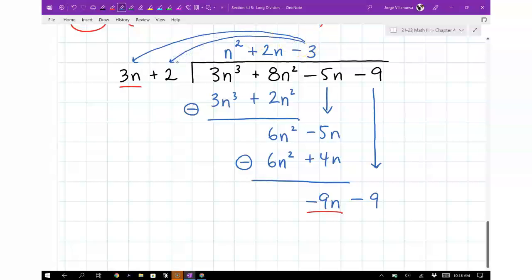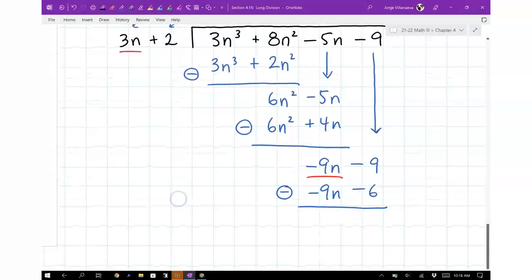So negative 3 times 3n is negative 9n. Negative 3 times 2 is negative 6. And I'm going to subtract. So negative 9n minus a negative 9n goes to 0. Negative 9 minus a negative 6, well, it's really a plus 6, so you get a negative 3.